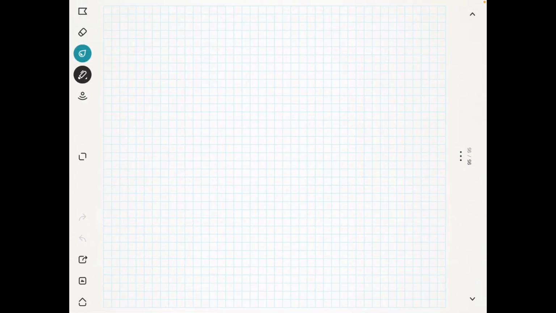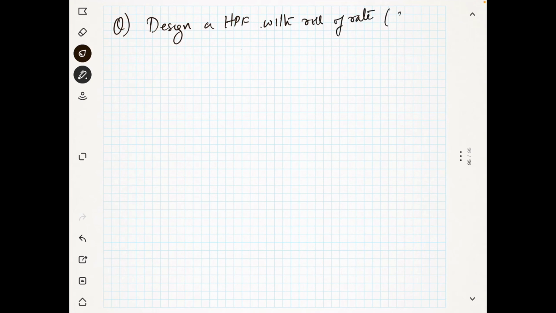So I will give a homework problem for your practice. Design a high pass filter with a roll off rate of 80 dB per decade. The roll off rate is 80 dB per decade, which means it is a fourth order filter because 80 is equal to 4 times 20.